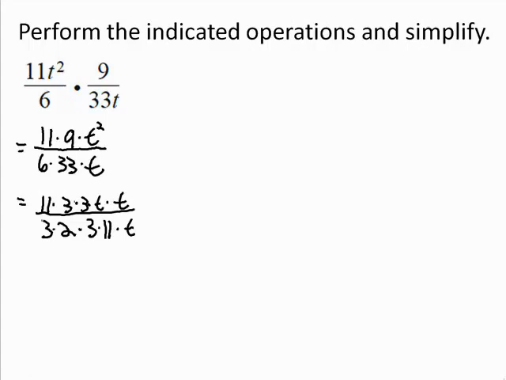There's an 11, two 3s, and a t in both the numerator and denominator, so they cancel out. You are left with t divided by 2. This expression has to have the same domain as the original expression. In the original expression, there is a t in the denominator, so t cannot be equal to 0.